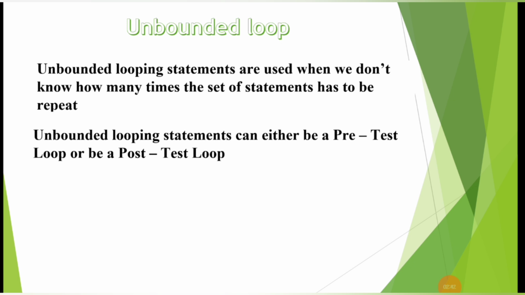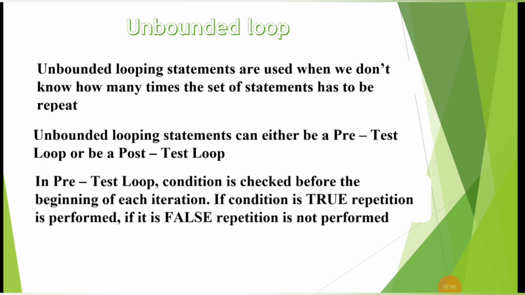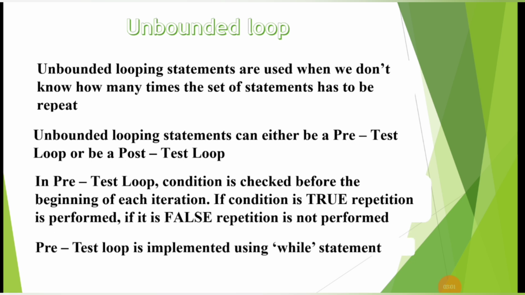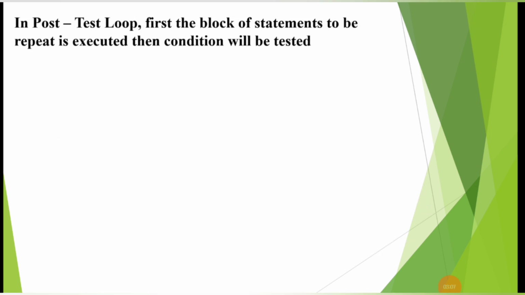In a pre-test loop, the condition is checked before the beginning of each iteration. If the condition is true, repetition is performed. If it is false, repetition is not performed. A pre-test loop is implemented using a while statement. In a post-test loop, first the block of statements to be repeated is executed, then the condition is tested.